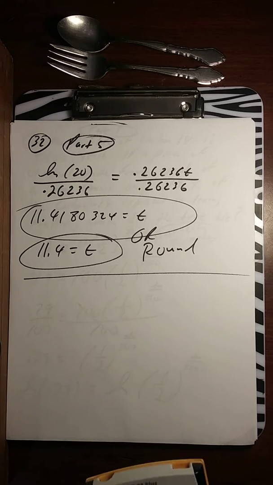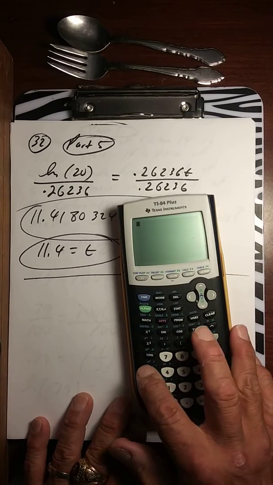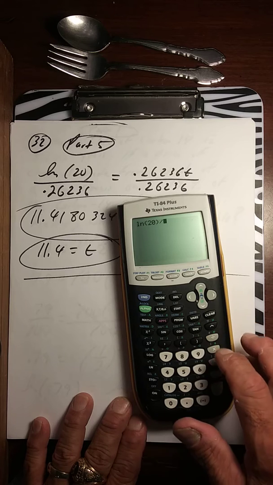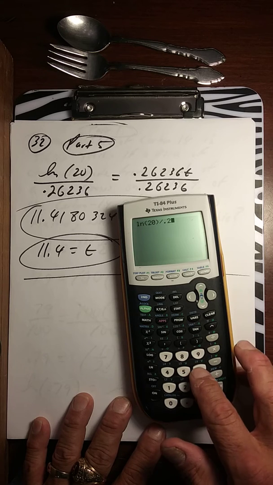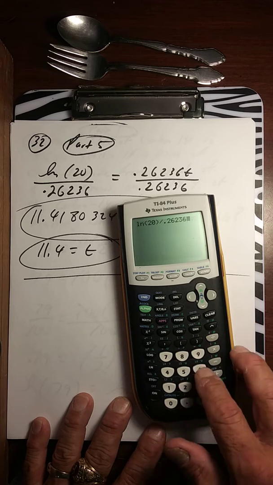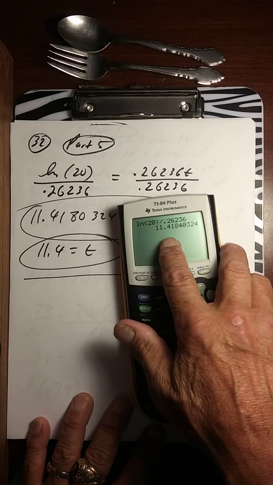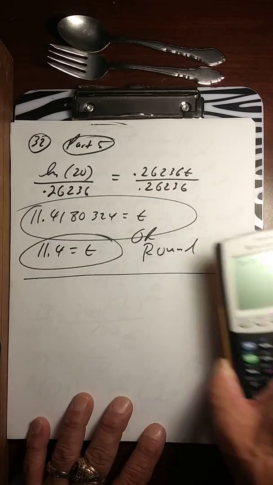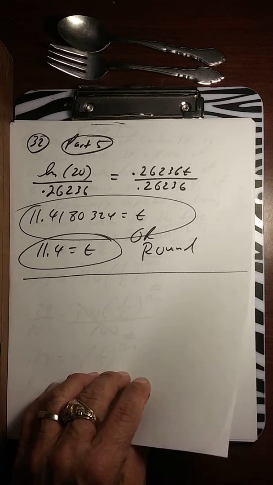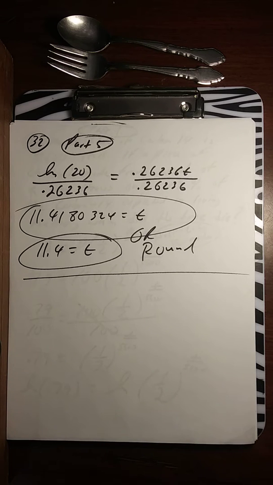Can I do it in the calculator? Yeah, sure, of course. ln of 20 divided by 0.26236, enter. 11.418, some other numbers. All right. Let me see.